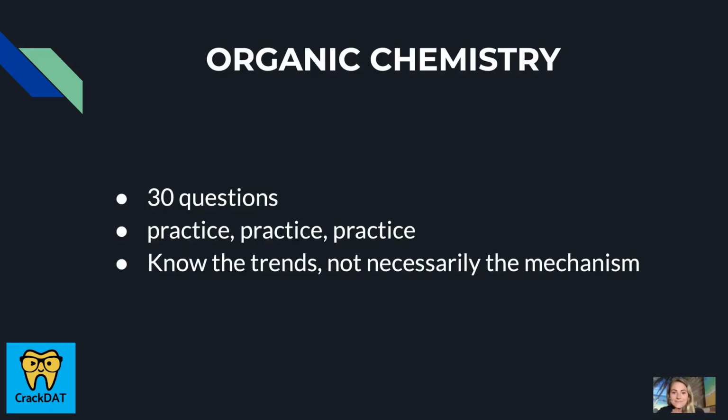And this is, again, where I'm coming back to the whole point of timing being really key on this test. You don't necessarily need to do the mechanism every time, and I quickly realized that because I was spending so much time doing the mechanisms, I wasn't able to dedicate the same amount of time to every question. I'd have to rush through the end of them. So I was like, okay, I'm just going to start looking for the trends of basic, acidic, what happens with this kind of reaction.